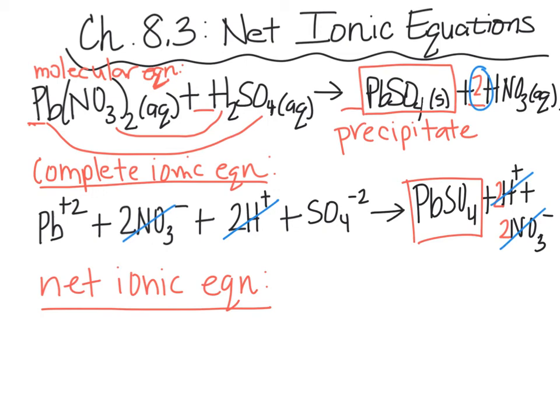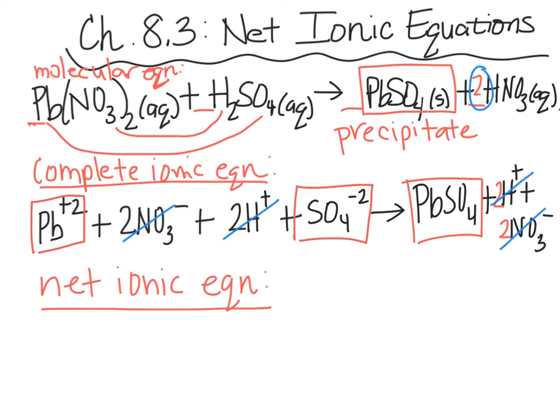So we can't cancel that out. So then I'm just going to box up what we have left so I can easily see what is remaining. So the net ionic equation is whatever I boxed up, whatever is left. So whatever I did not cross out goes into the net ionic equation.